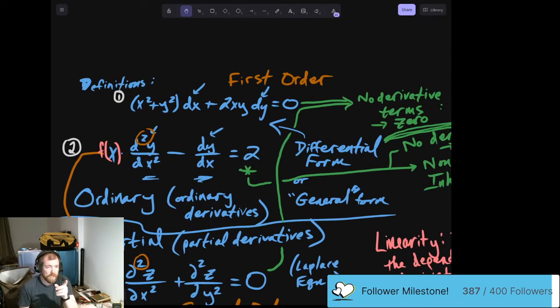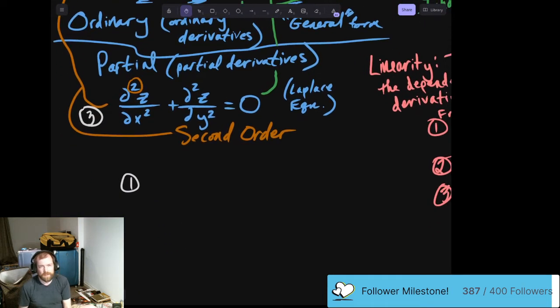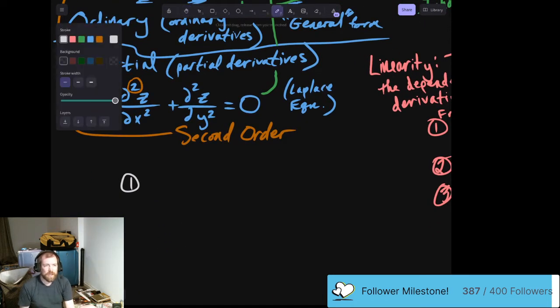All right, so number 1, we said that this was a first order, ordinary, homogeneous, nonlinear differential equation. To get that in the proper order, you'd have to look up which adjectives actually belong in which order, but whatever, it's fine.